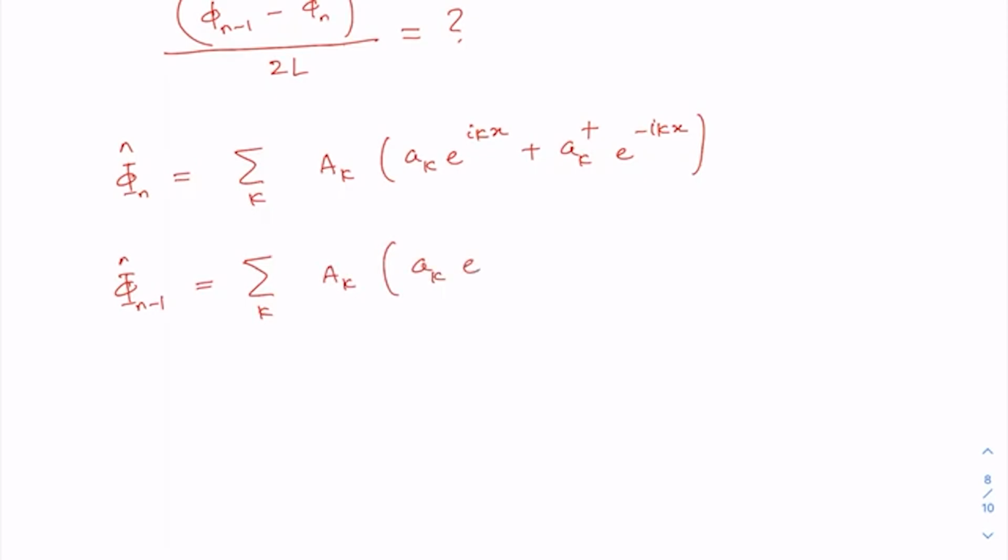e to the power, you see x is equal to n into a, so let me exploit that here. Here I will have e to the power I k n minus 1 a plus ak dagger e to the power minus I k n minus 1 into a.